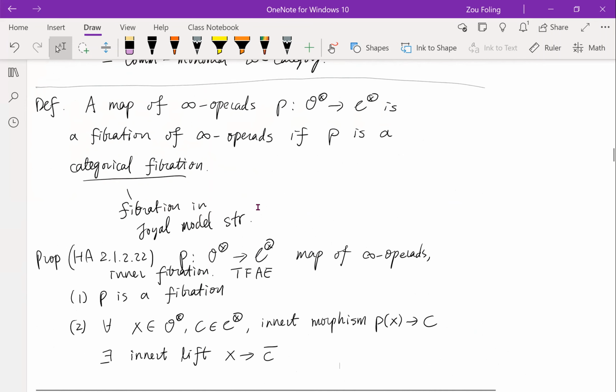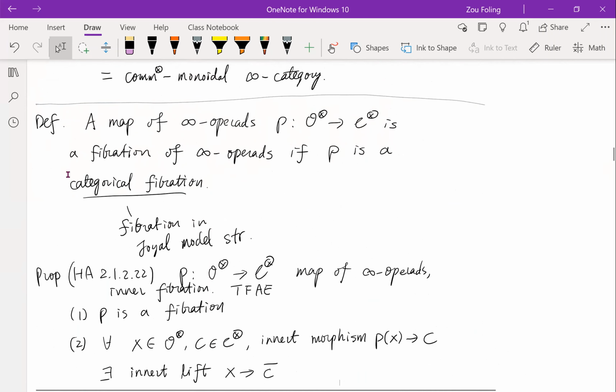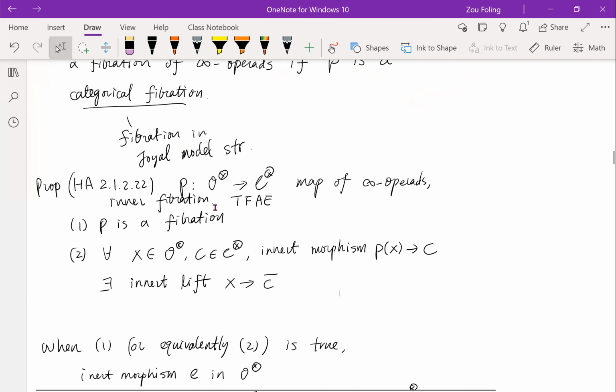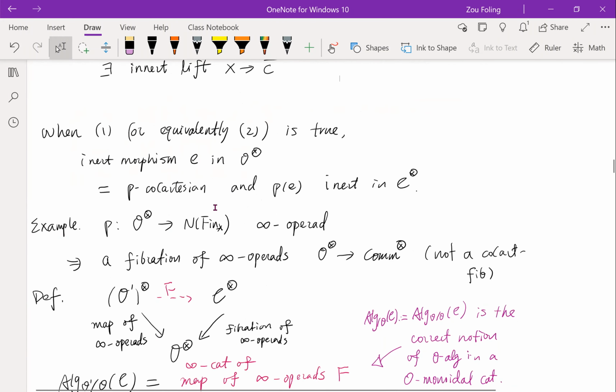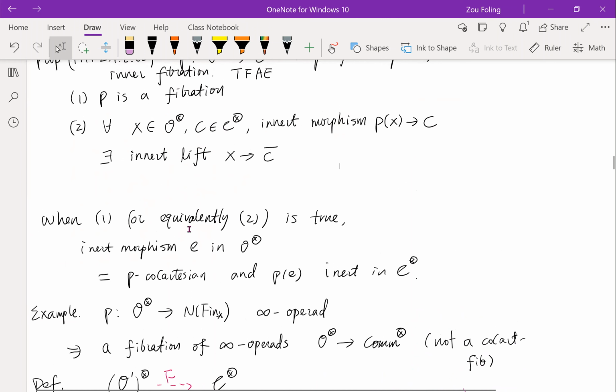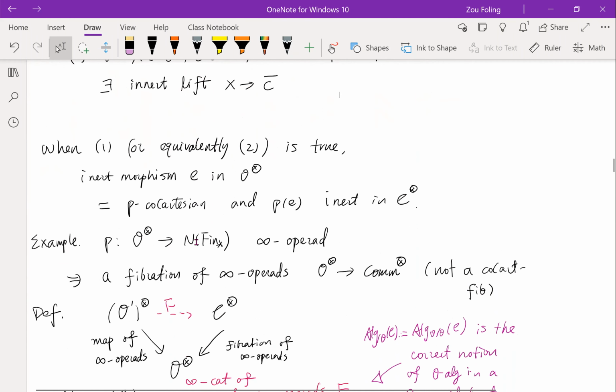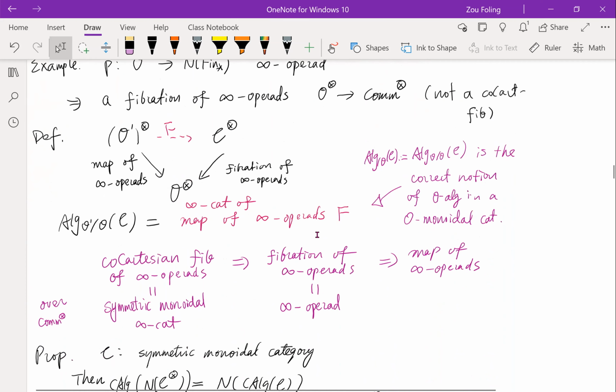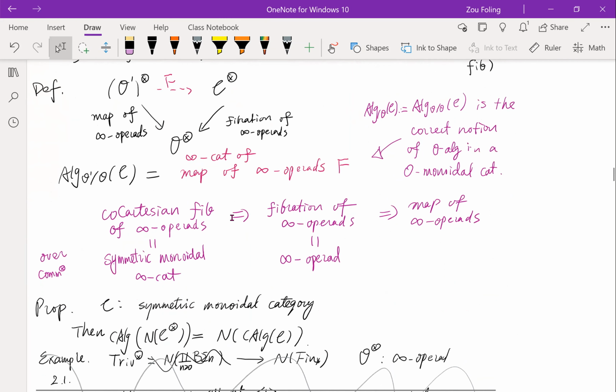One way, which is a little bit cheating, is to just look at this definition. If I'm a co-Cartesian fibration, then I'm automatically a categorical fibration, but not the other way. And you can also see it by checking the definition using these lifts and this criteria of inner morphisms.